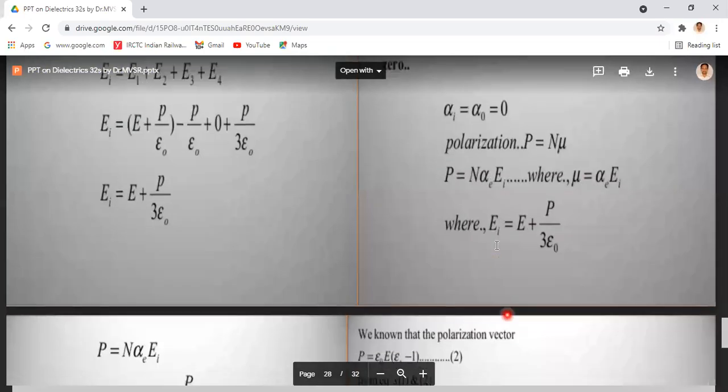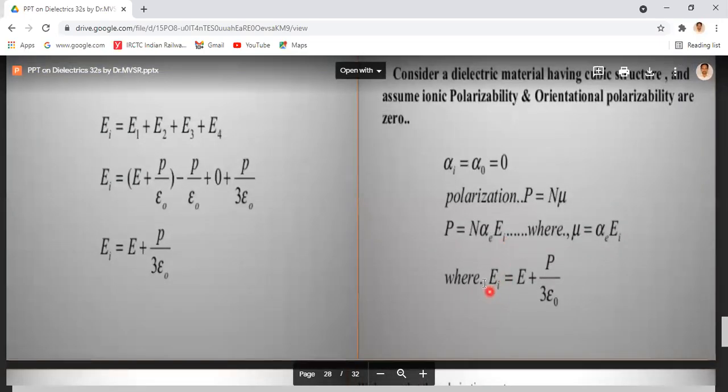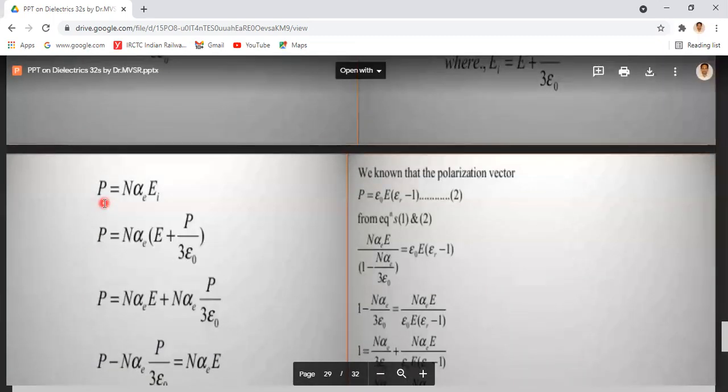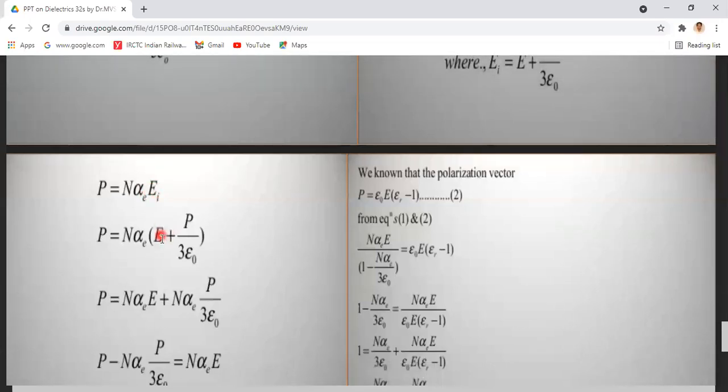Now we know that the internal field or local field EI value is already calculated: EI is equal to E bar plus P by 3 epsilon naught. Now substituting the value of internal field in this expression, P is equal to N alpha E into EI, where EI is equal to E bar plus P by 3 epsilon naught.